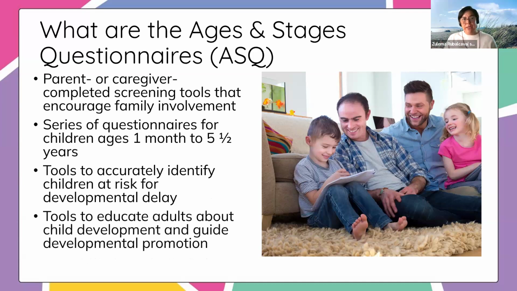And like I mentioned already, they are really great at helping us explain child development and milestones to families in a way that's very friendly and very easy to understand, and really gives a lot of guidance around promoting those strengths, supporting those opportunities, and supporting those concerns. So it's a really great family tool.